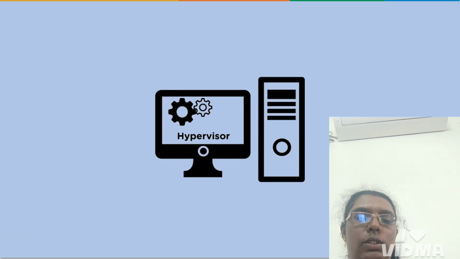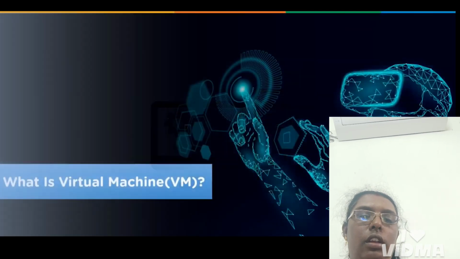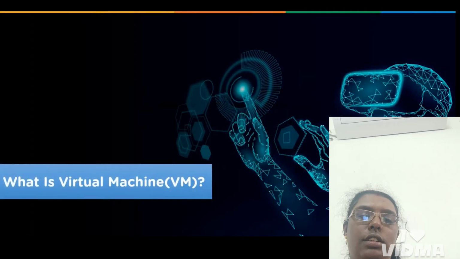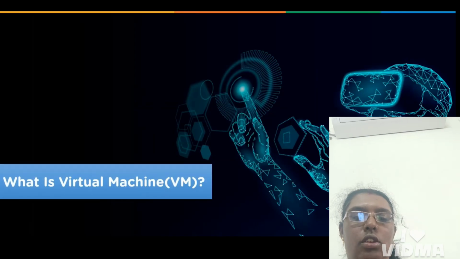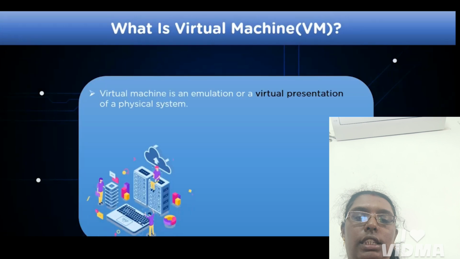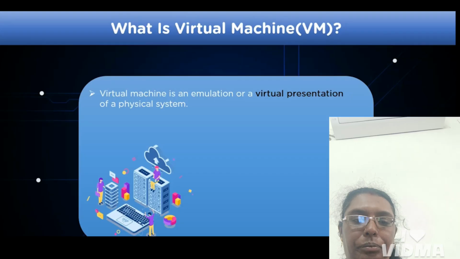So let's understand what virtualization is. As the name suggests, virtualization is nothing but an emulation or a virtual representation of a physical operating system on a hardware device. The virtual machines are also known as guest OS, while the physical system they run on is known as the host OS.